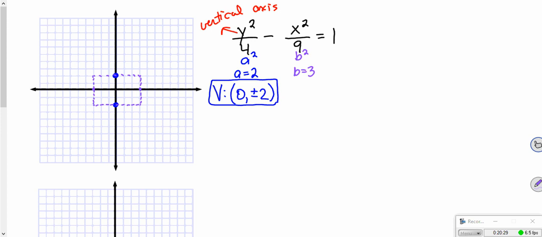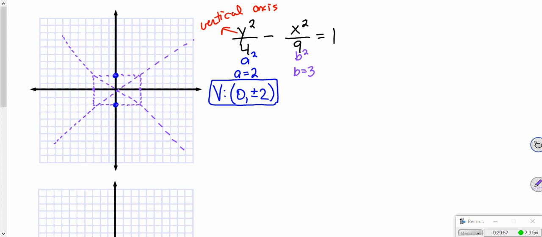To draw the asymptotes, which are the diagonals of the box. I don't know how straight my lines are. That second one wasn't very straight, was it? Those are going to be my asymptotes.